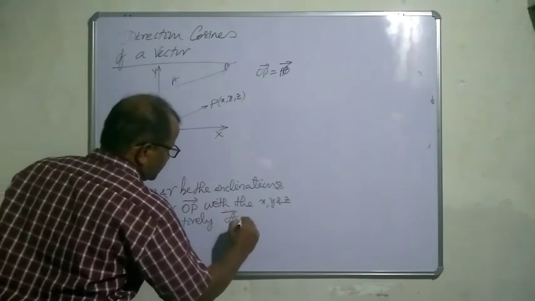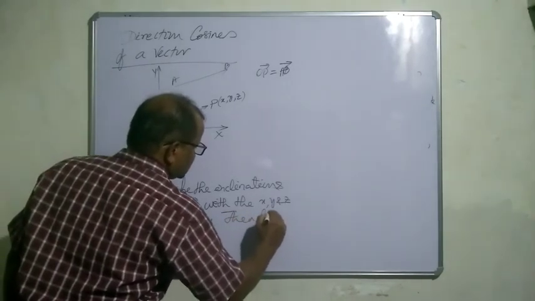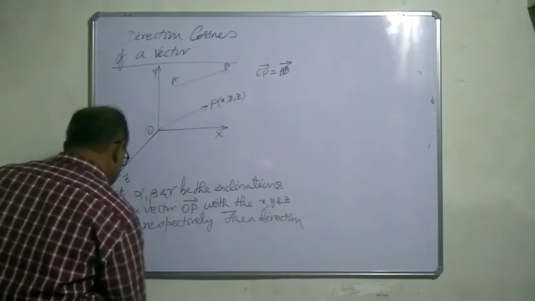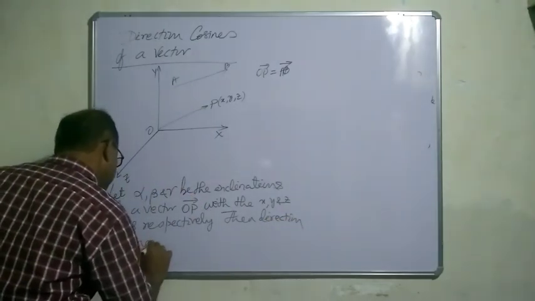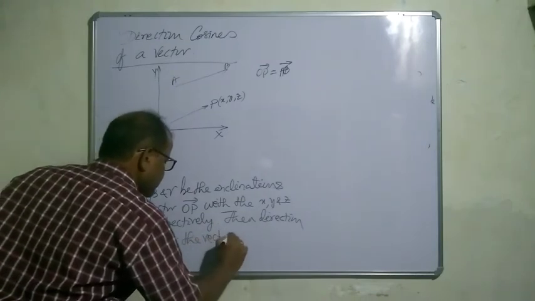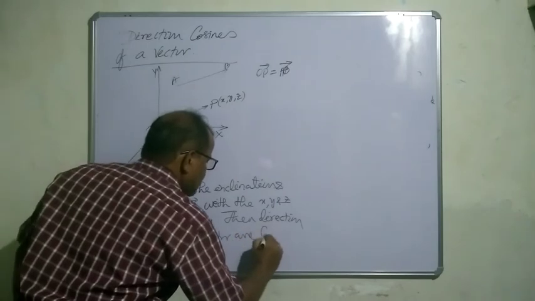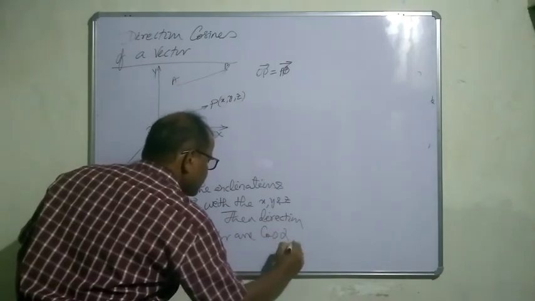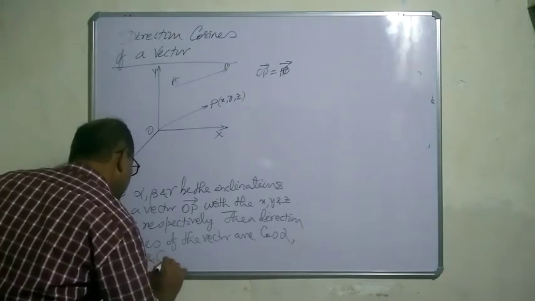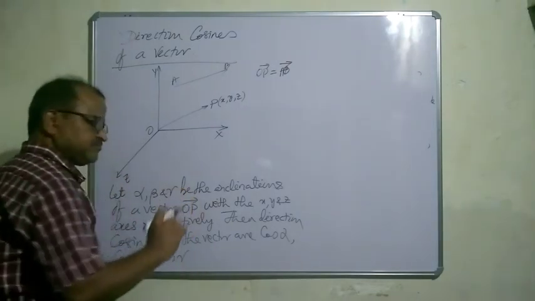Then the direction cosines of the vector are cos alpha, cos beta and cos gamma.